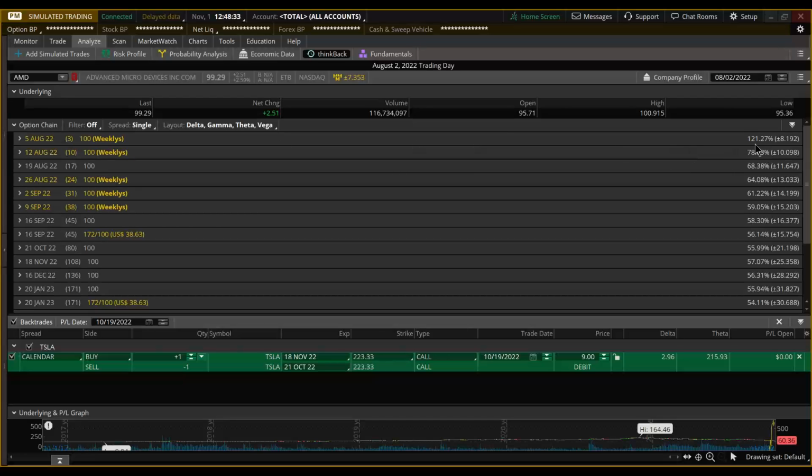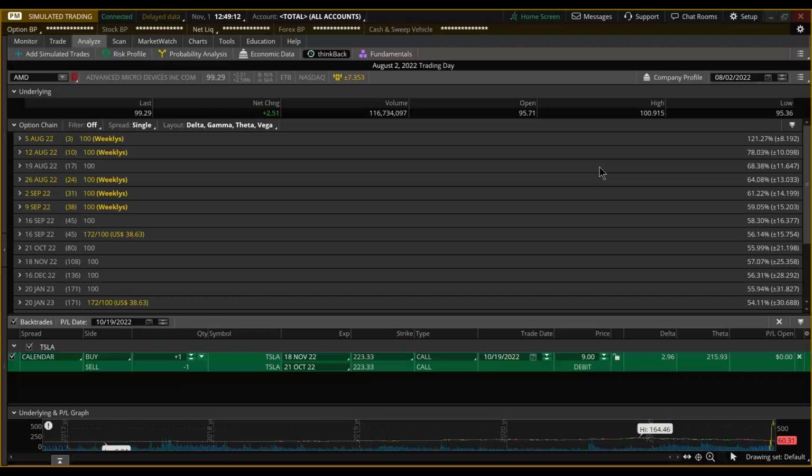You can see the IV was screaming 121 for the fronts, and the backs, had we done a similar trade back then, the August 19th regular monthlies would be the same as what we just modeled up in the live options chain. We used the November regular monthlies. So let's take a note. We did this last time, and we're going to do it again here.